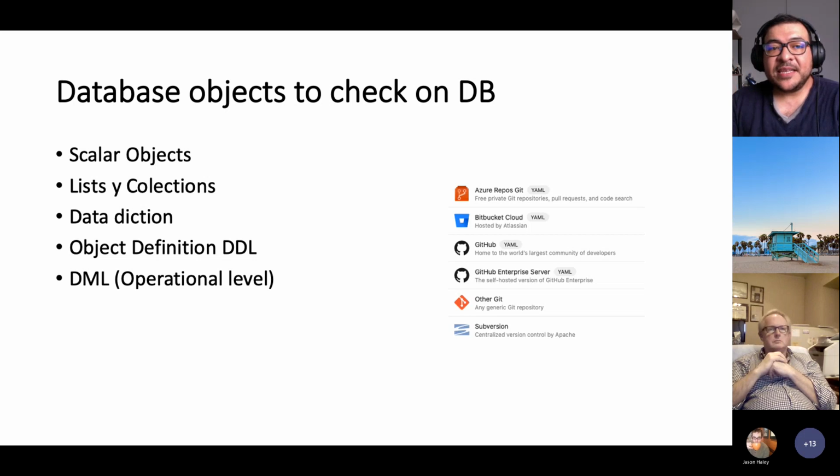So basically, these are the objects to check on the database. And we have to be very careful with this because of the versioning. Every time we ship and deliver, every time we do pull requests, we are creating new versions.